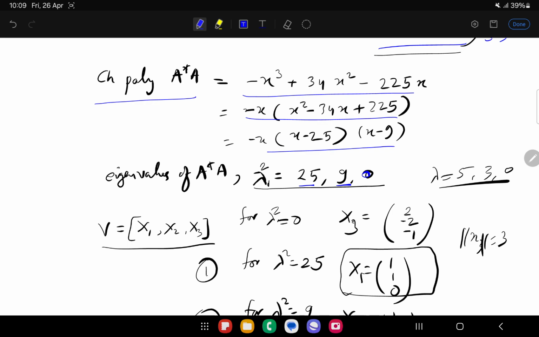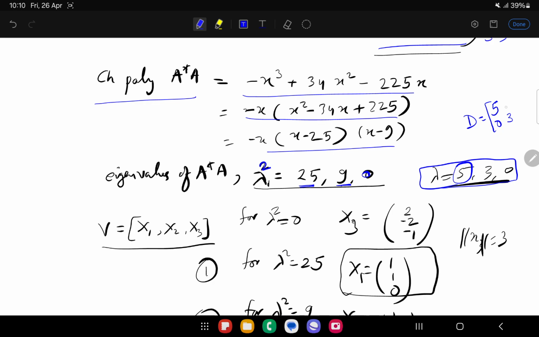Okay, so these were lambda squares for matrix D. Now we see the non-zero eigenvalues here. For this A star A we have 25 and 9, but while writing D we see that it will become the square root of the first eigenvalue, then the square root of the second eigenvalue.